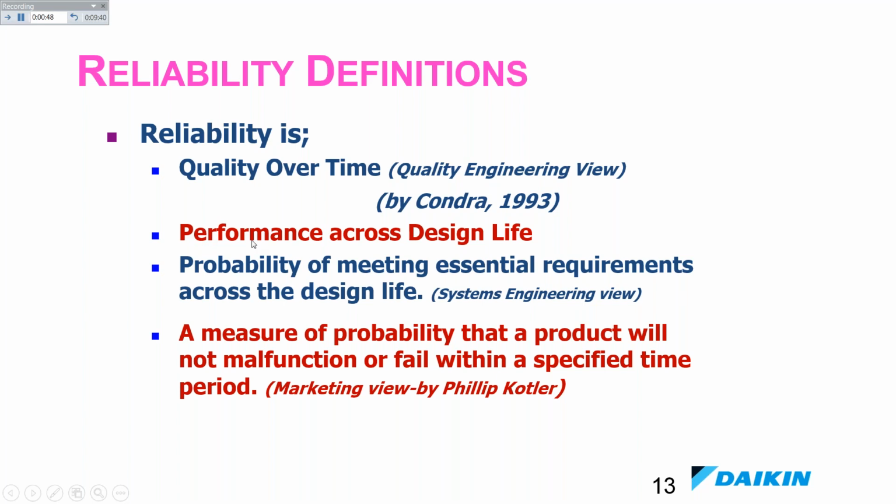So that is performance across the design life, and that's another way to define reliability. A systems engineer would call it probability of meeting essential requirements across the design life. A marketing person would say a measure of probability that a product will not malfunction or fail within specified time limits. This idea is from Philip Kotler, a marketing guru.